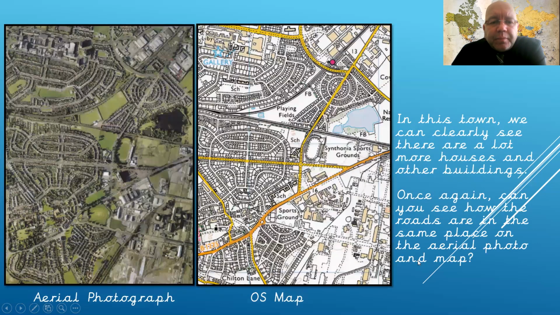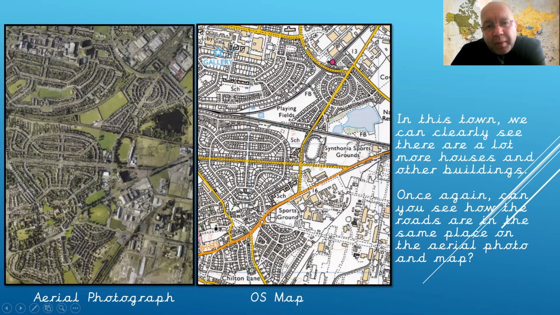Okay. There's another one. This is a much bigger town. In this town, we can clearly see there are a lot more houses and a lot more other buildings as well. But once again, can you see how the roads are in the same place on the aerial photo and the map? Let's just compare the roads first of all.